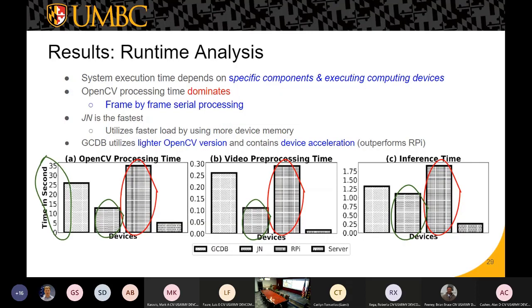Again, this is for runtime analysis. We see how much time the model takes to pre-process all these videos and do everything. The OpenCV part, which reads the video, has nothing to do with our work, but we can see our model is really fast.